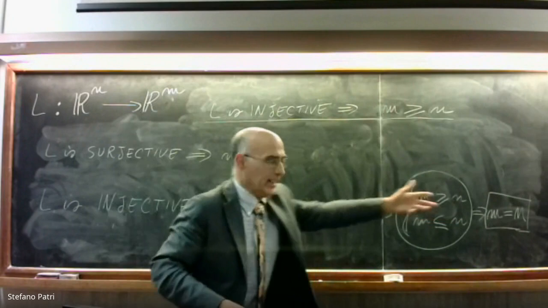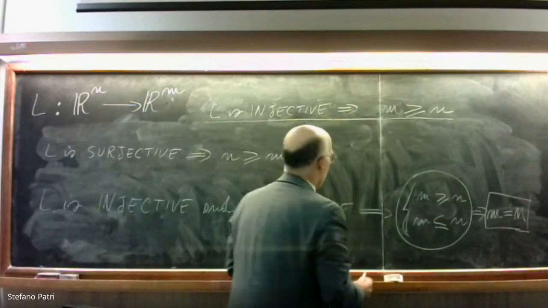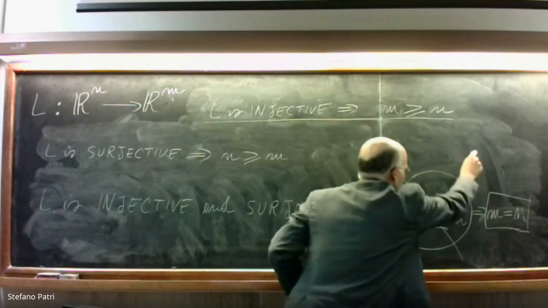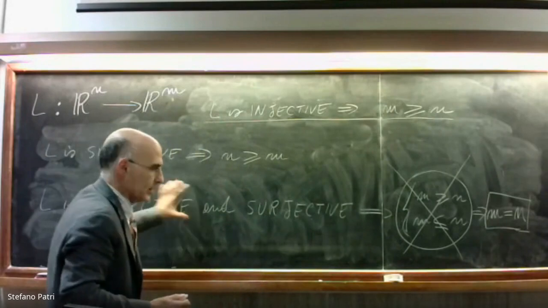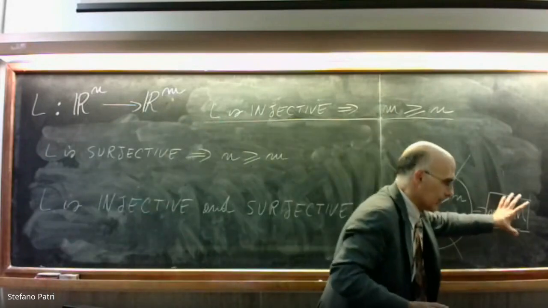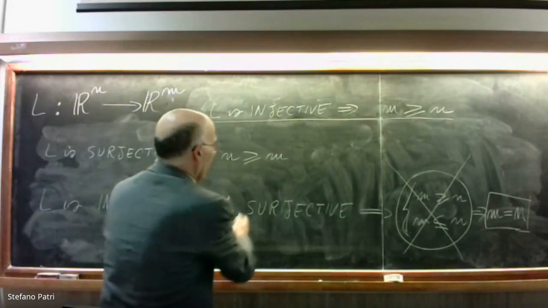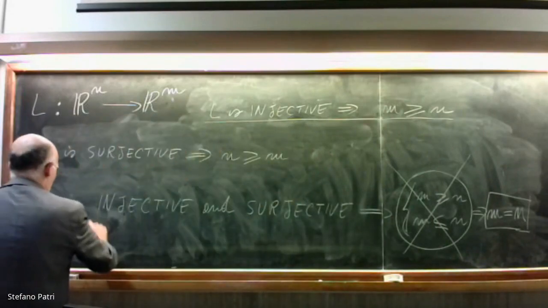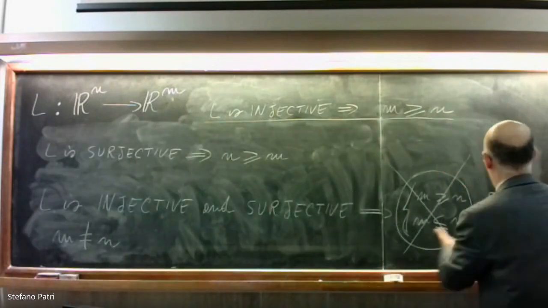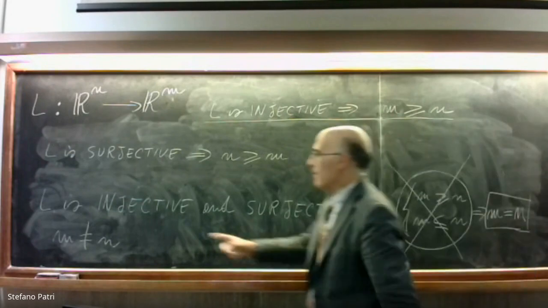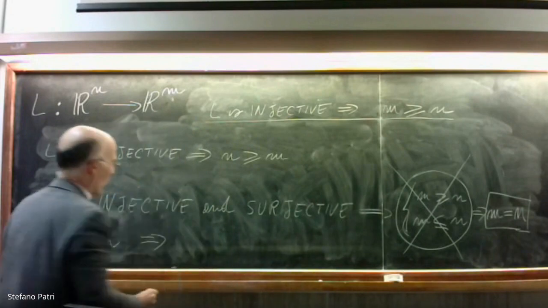Or equivalently, let's consider the theorem for the first property. We can write equivalently: m not equal to n. What is the contrary of m equal to n? It is m not equal to n. What is the consequence?